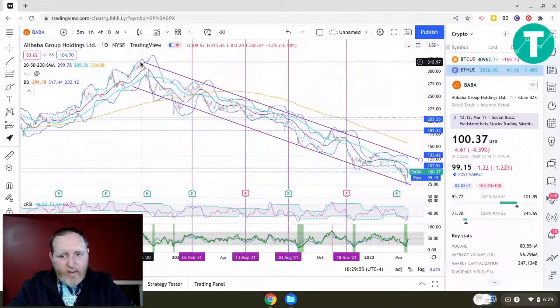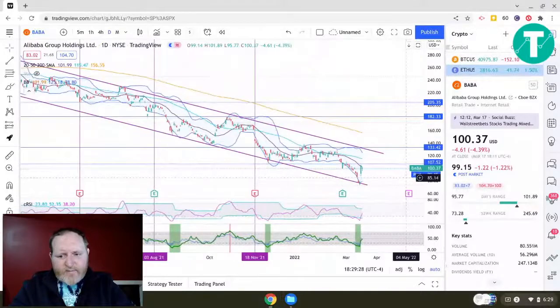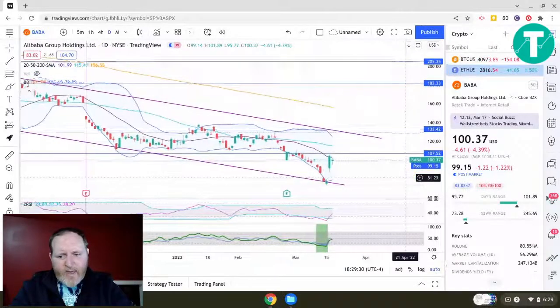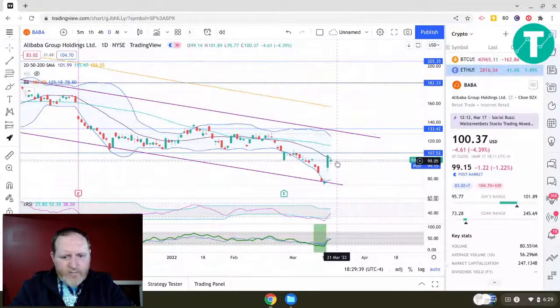Here was its high back here in October of 2020, and it looks like it was somewhere around $319. And it's now $99.15. The market rallied today, but it was down 4.3% and another 1.2% in after hours, so it's now sub $100 again.